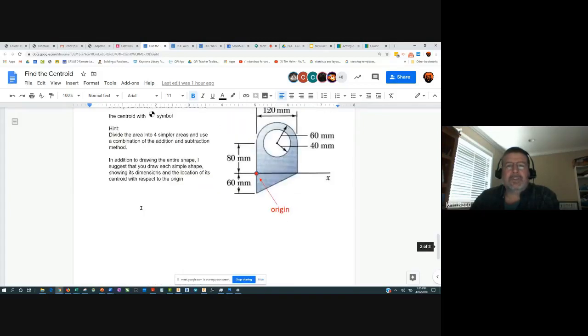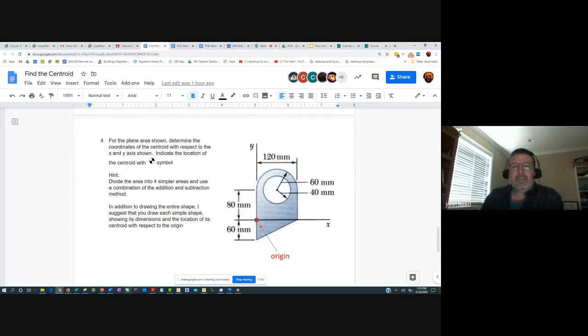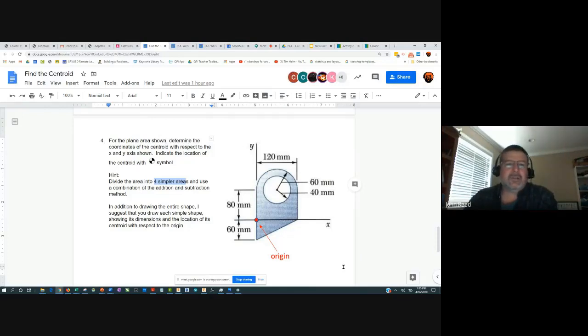Now this one, this is a different problem that is similar, but maybe slightly more complicated. I think there are four simpler areas that you would break this one into. If you're really skilled at Googling and lucky, you'll find this one as well. But hopefully you won't, so that I can see how you do on this one.